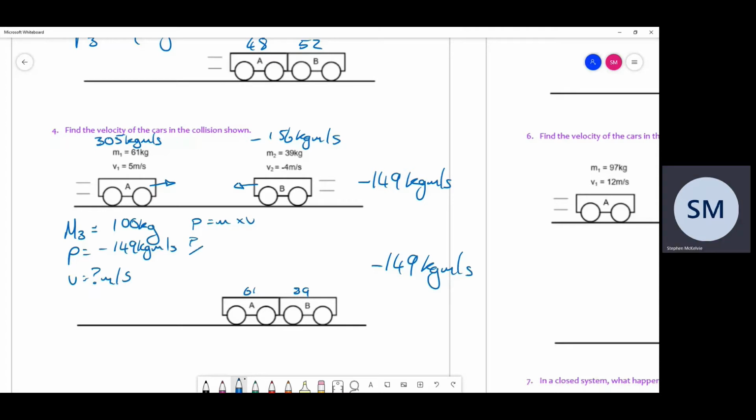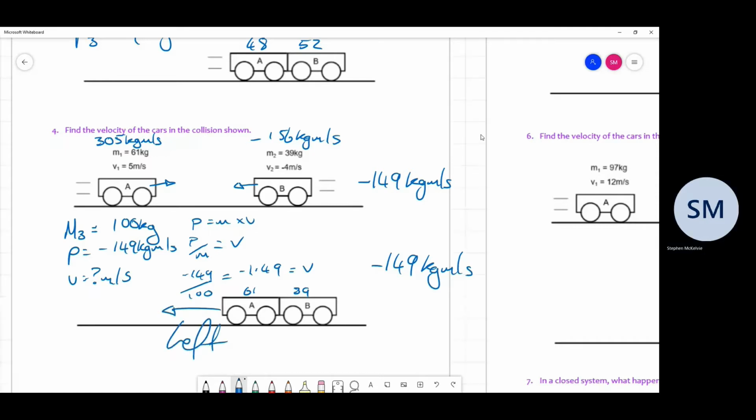Momentum divided by mass will equal velocity. Minus 149 divided by 100 is equal to minus 1.49, which is the velocity. Now, minus means it's going to be going in this direction, so if ever you've got to say which direction it's going in, you can just get away with saying left.